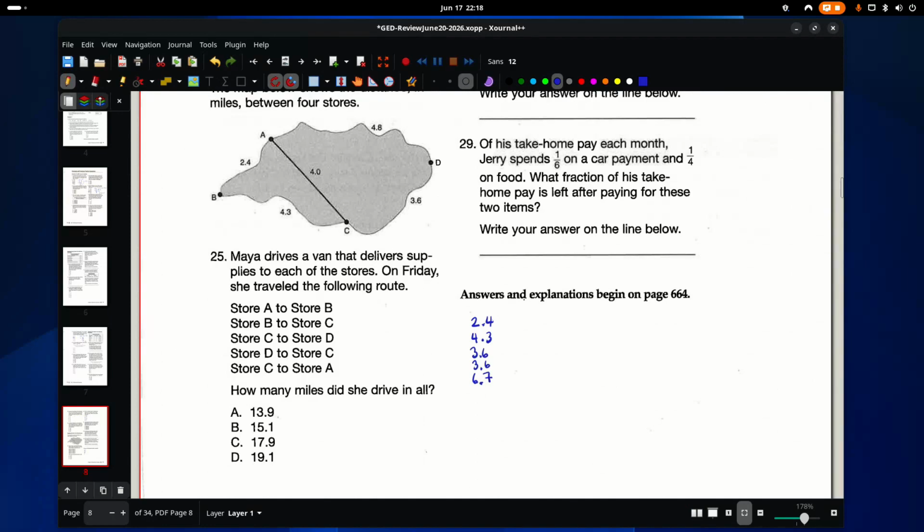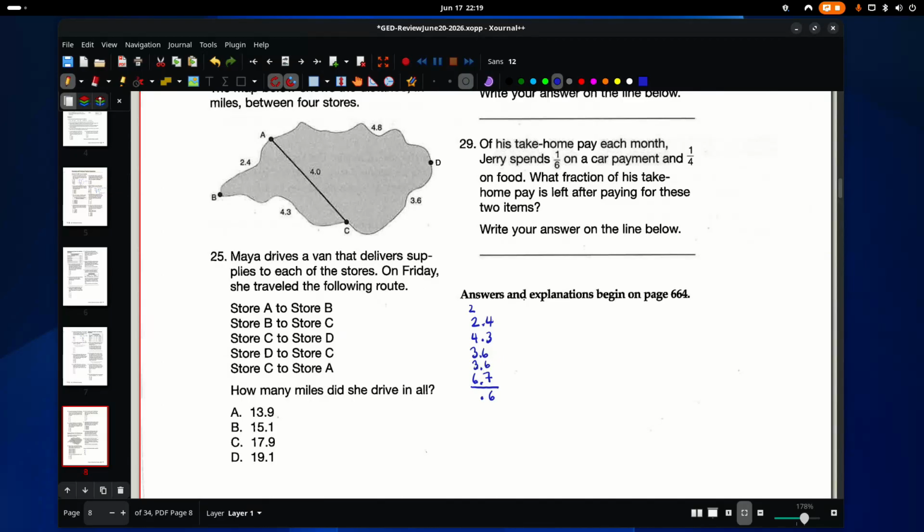And now you can use your calculator for these, or you could add them up as a stack like this. So 4 plus 3 is 7, plus 6 is 13, plus 6 is 19, and then we get plus 7 is 26. So we put a 6 here, we put a 2 up here. We've got our decimal there.